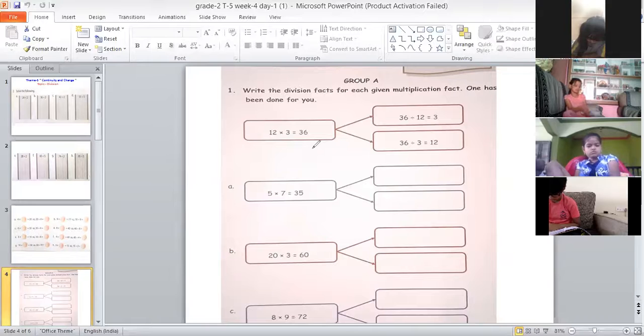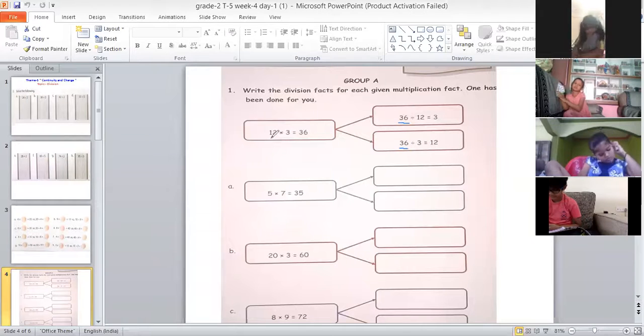Now, look at the first example. This is 12 multiplied by 3 is equal to 36. So here the biggest number is 36. So what they did, they wrote 36 first. After that, they put the division symbol.